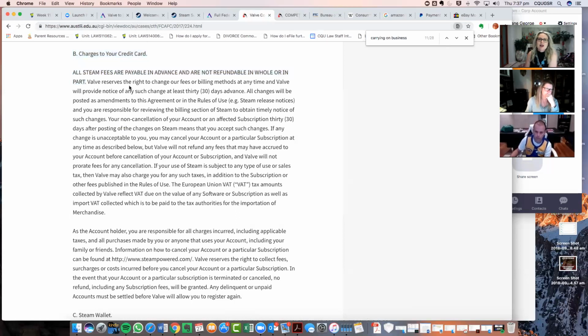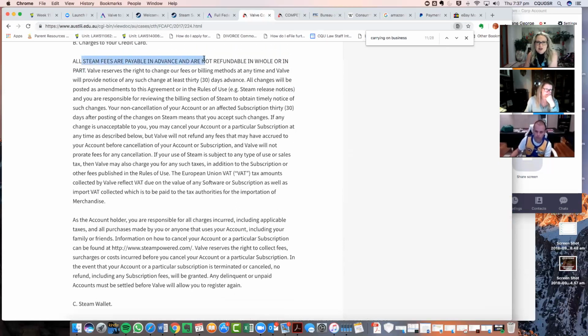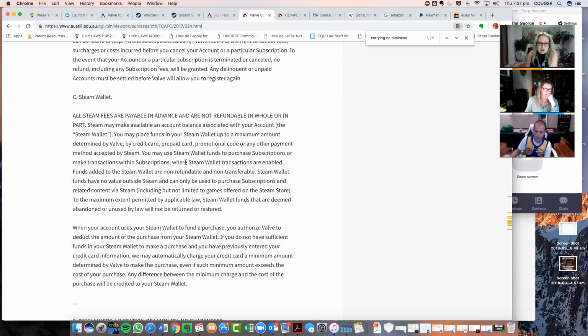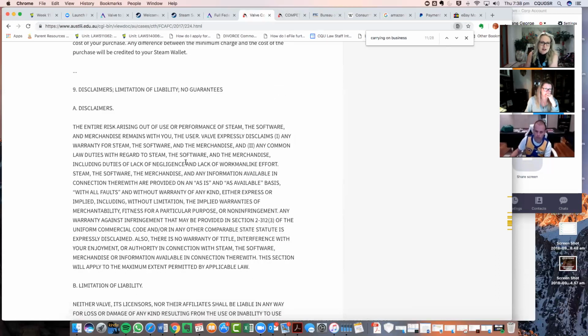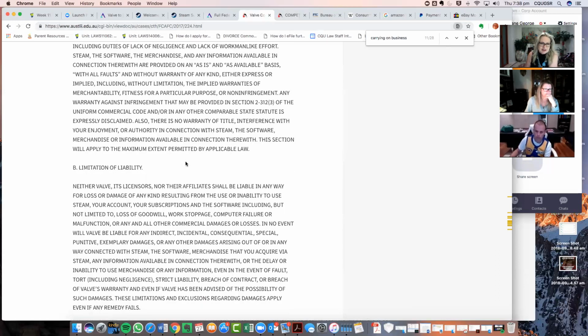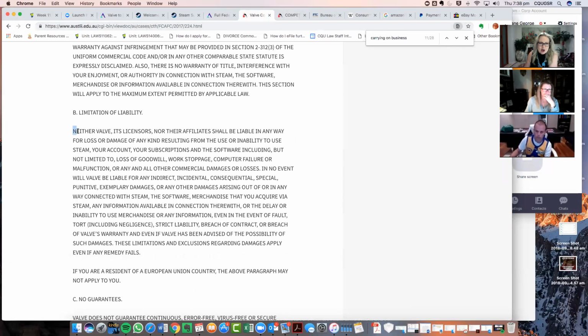And so originally they had said everything's got to be payable in advance, non-refundable. There was another thing down here. Here we go. Lovely. Limitation of liability. Not liable for anything. In no event will they be liable for anything, any damages, even in the event of fault, tort, including negligence, strict liability, breach of Valve's warranty, and even if Valve has been advised of the possibility of such damages.